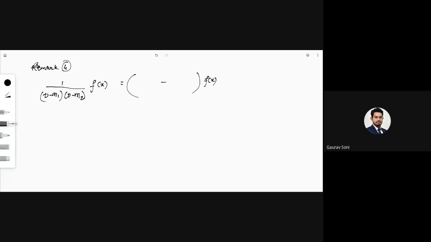Dhruv, have you heard of any technique while solving integrations that you can separate 1 upon (x minus a)(x minus b)? What is that method?